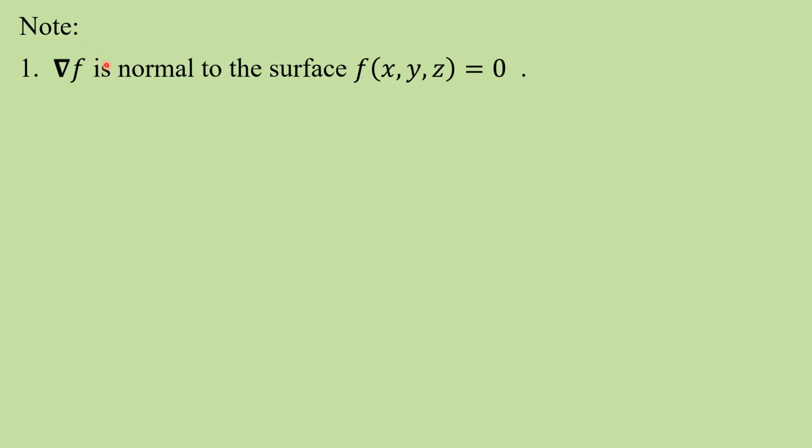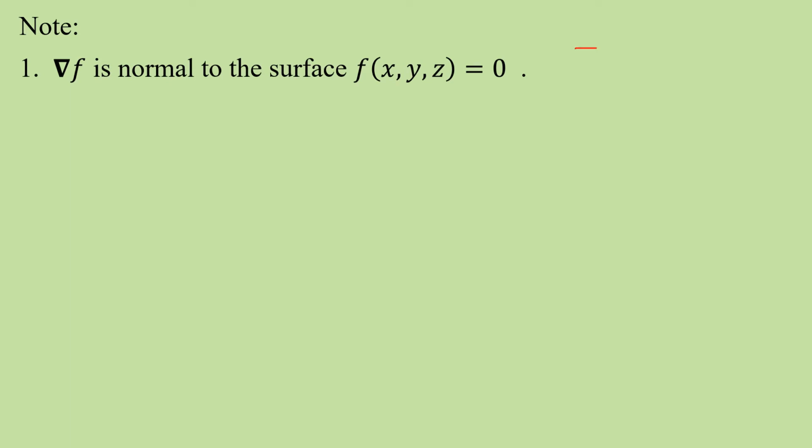So we can now take a physical interpretation of the gradient to the surface f. What is the physical interpretation, students? If f(x, y, z) = 0 is the given surface, then the gradient of f is nothing but normal to the surface. If I want to find a unit vector normal to the surface, how can I find it?